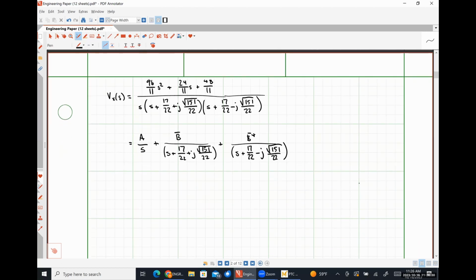Our coefficient a, once again, is found by multiplying, in this case, Vx of s by s.